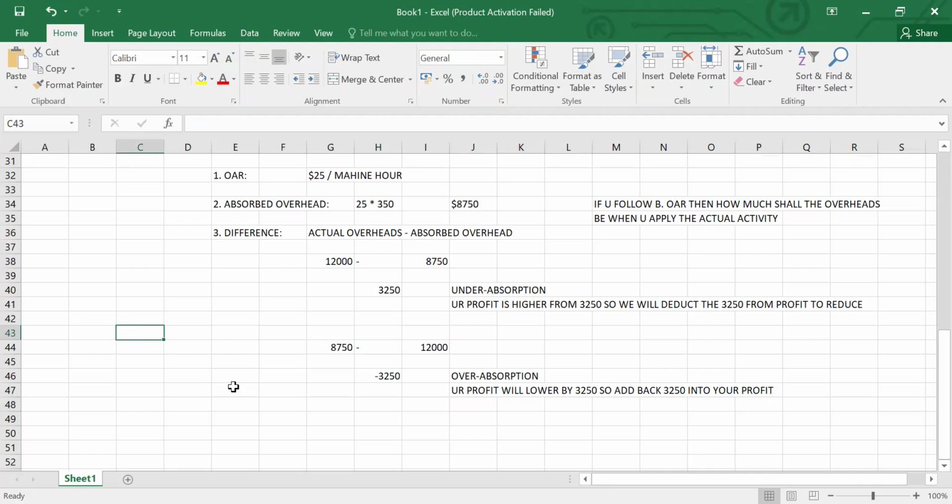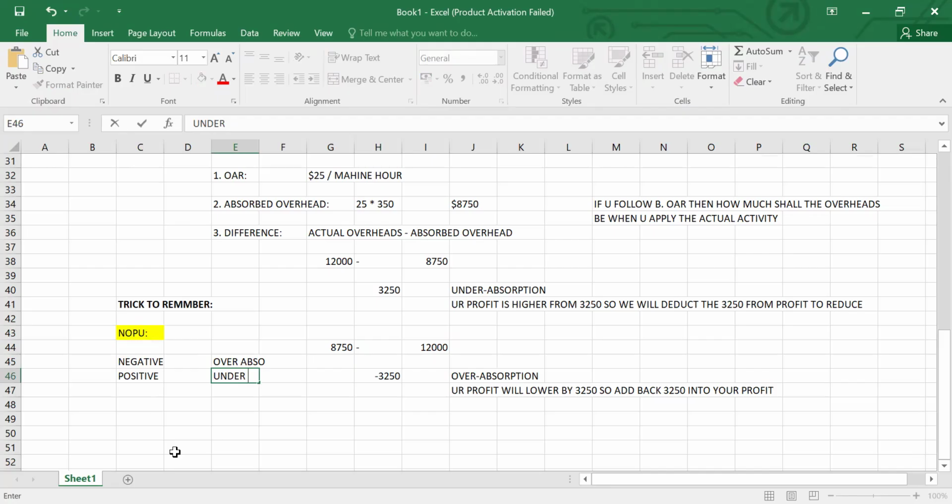There is a trick to remember, and the trick is the word NOPU. This is the word that you need to remember. It says that if your answer is negative, it is over absorption, and if it is positive, it is under absorption.